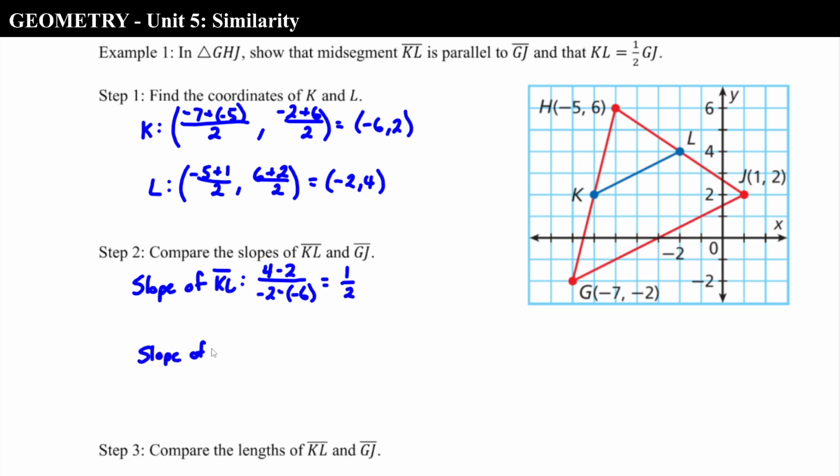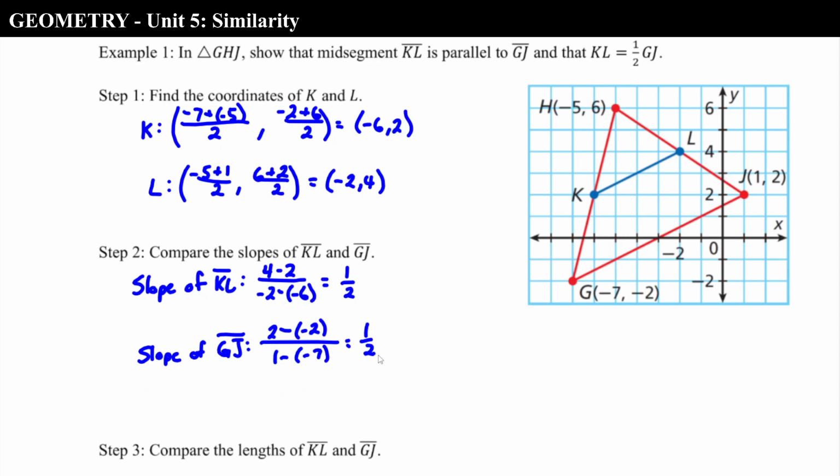Then we need to find the slope of GJ so we can compare it. Again, y2 minus y1 over x2 minus x1. And that again is going to be 1/2. So we have the same slope.